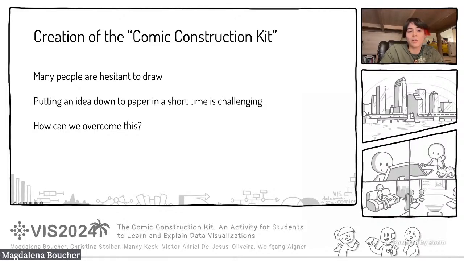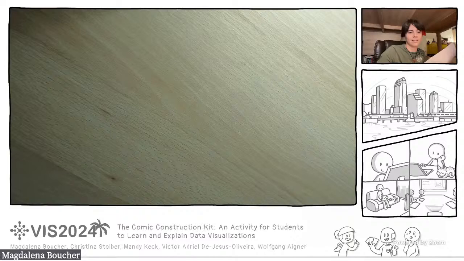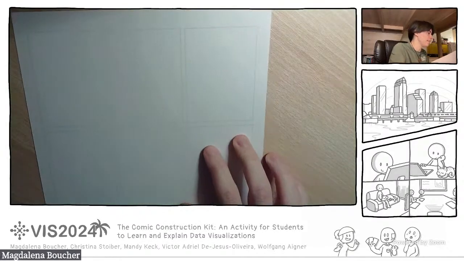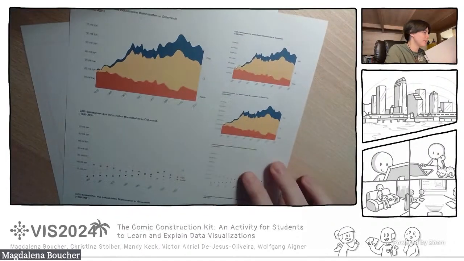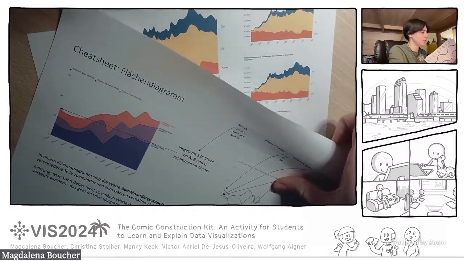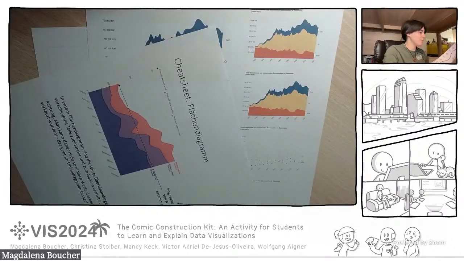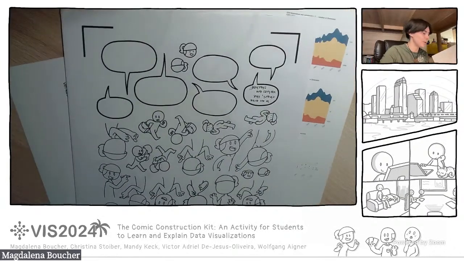So we created what we call the comic construction kit, which consists of a comic grid of panels, then optional pre-printed data visualization examples, and if needed, matching cheat sheets that show the data visualization. And most important, a sheet of stickers with ready-to-use comic materials.